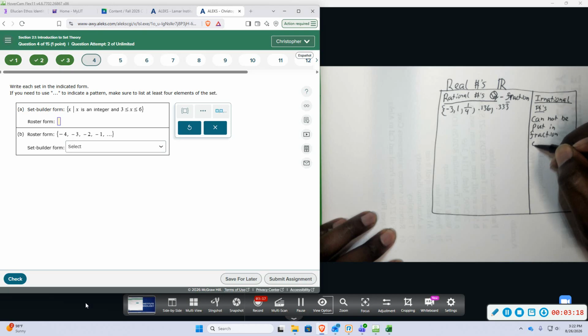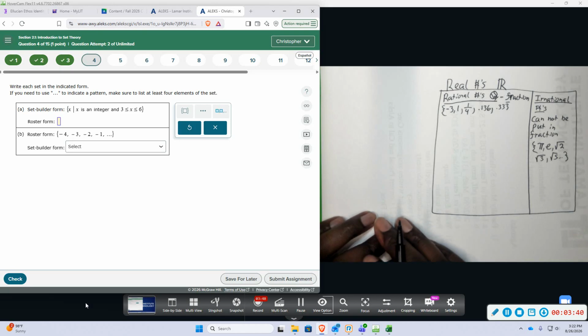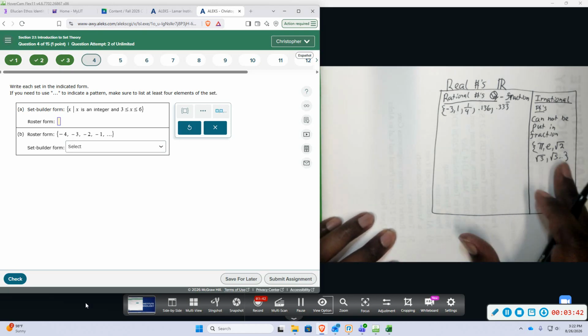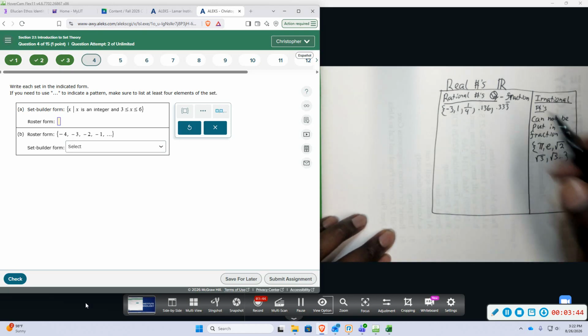In this set are special numbers like pi, 3.14, and there's a bunch of other numbers. e, and any square root that doesn't have a perfect square. Square root of 2, square root of 3. We would skip 4 because it's a perfect square, and then we would do square root of 5 and so on. Not in that specific order, but any one of the numbers of this form cannot be put in a fraction.